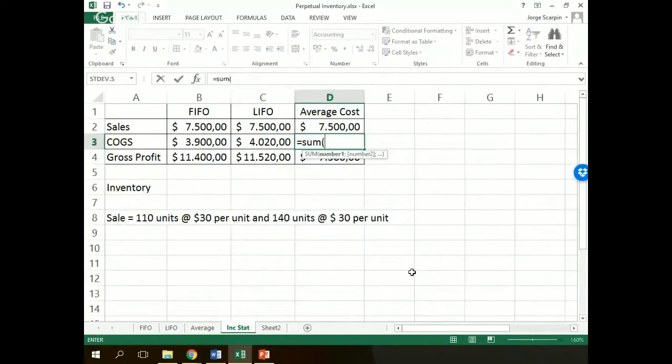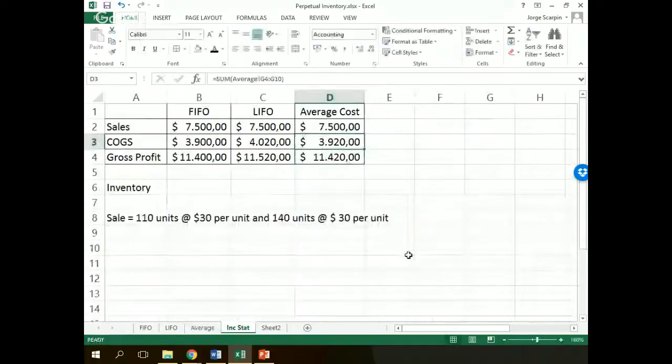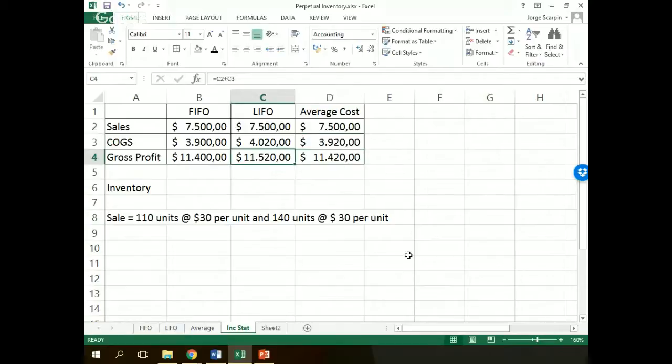Average cost, 3,920. And our gross profit, 3,600 on LIFO, the lowest one. Check here. 3,580 on average cost, number two, and 3,600 on FIFO.